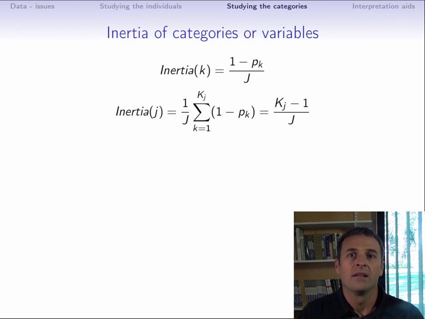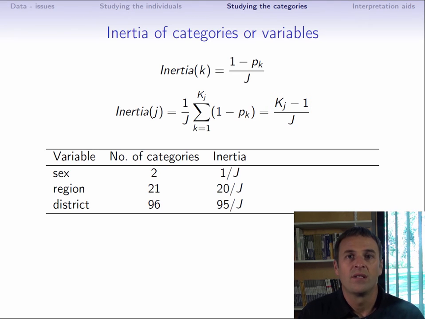Now, let's calculate the inertia of the jth variable. This just means summing the inertias of that variable's categories. So, we get the inertia of the category k and sum over the K_j categories of the jth variable. The resulting sum is (K_j minus 1) over J. Therefore, we see that a variable's inertia is proportional to the number of categories it has, minus 1.